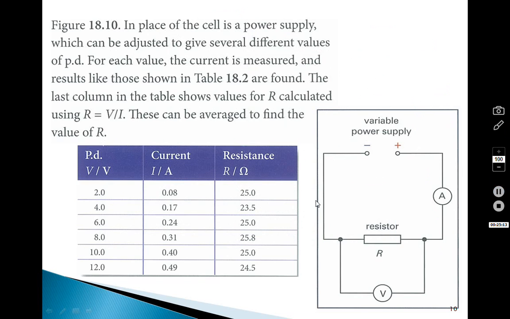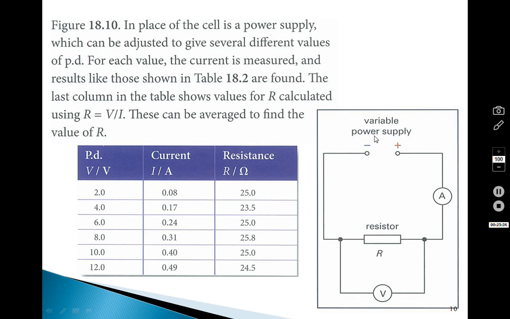For more explanation, now try to focus on this figure. This is a circuit. We have a resistor, an ammeter, a voltmeter, and a variable power supply. It's not a constant one.